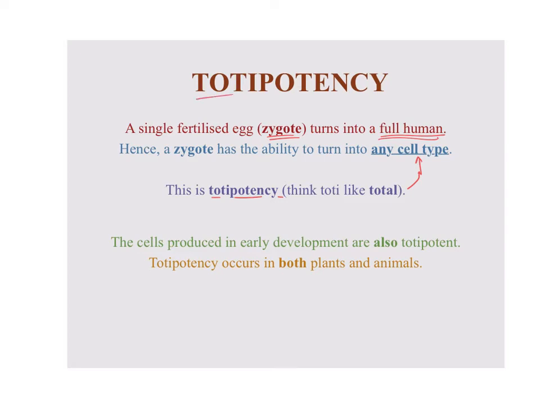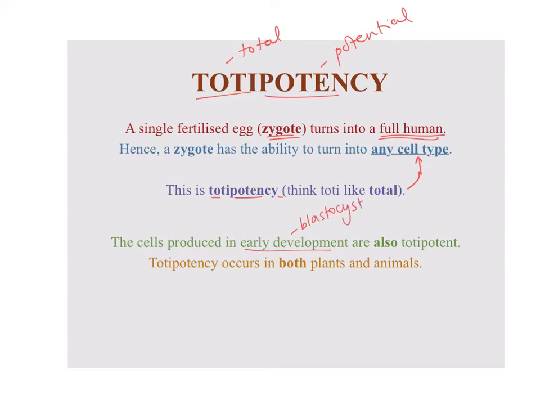If we split that word up, total potential, to become anything, any cell type. The egg and sperm come together and they're totipotent, but also the original few cells that we produce to make the blastocyst, for example, in early development, are also going to be totipotent.